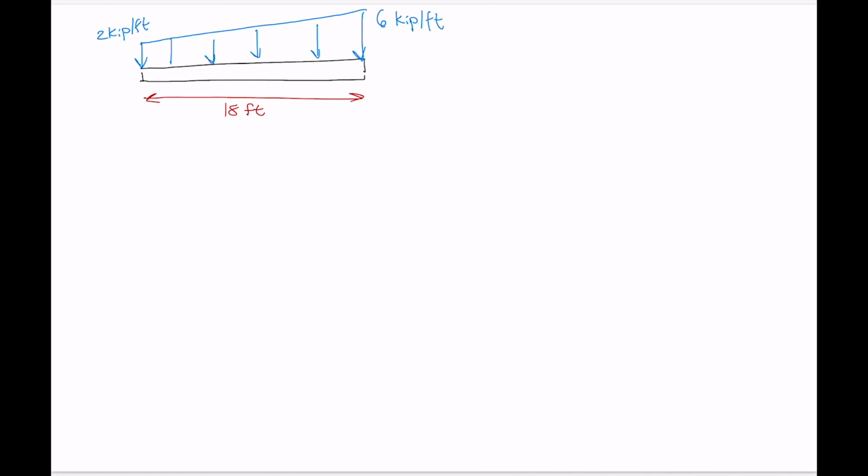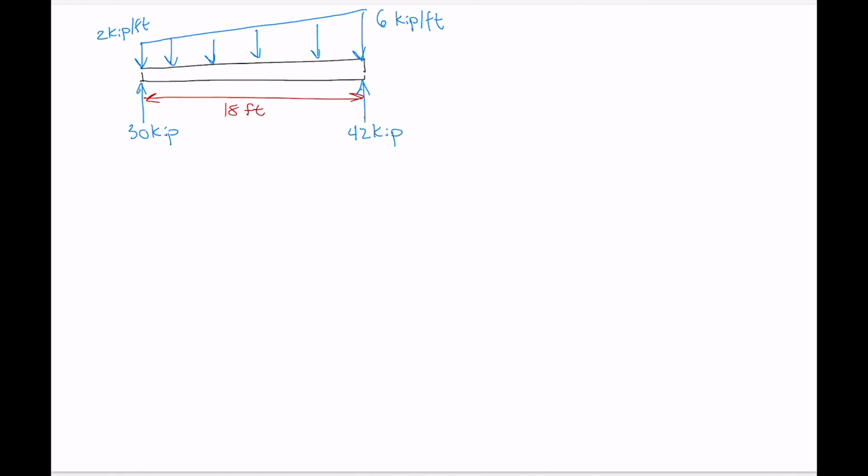So we had a beam that looked like this, a total length of 18 feet there, and we had a 2 kip per foot load on that side, and that increased in a linear fashion to a value of 6 kip per foot on the other side of the beam, like that. Our support reactions were 30 kip on that side and 42 kip on that side.